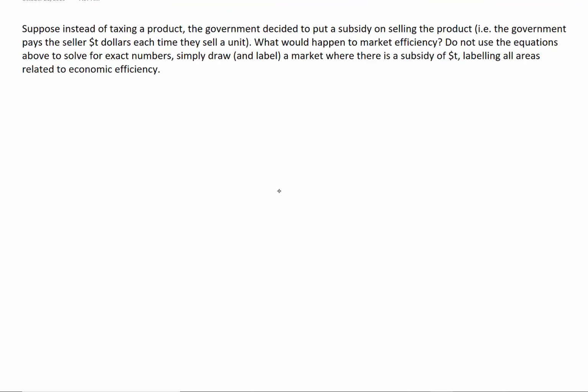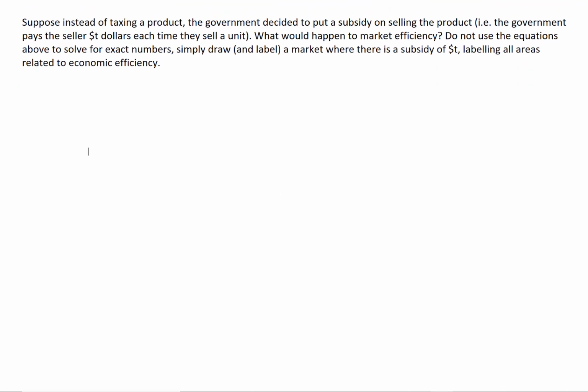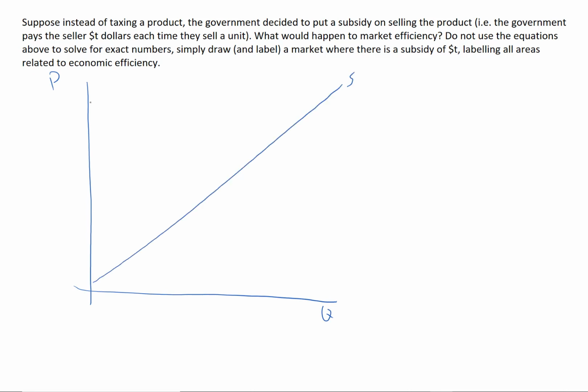All right, so let's just scroll down here and give us some room. Let's start by thinking about this problem. So we have price and quantity. We have this supply curve, we have a downward sloping demand curve, and we have this equilibrium quantity and equilibrium price before the subsidy comes in.